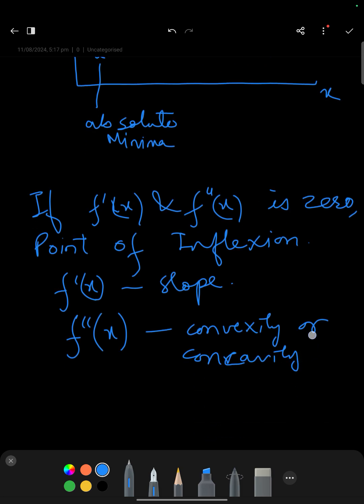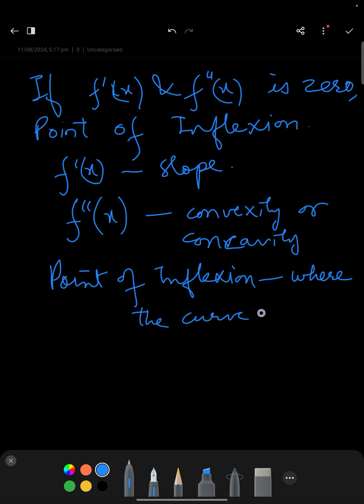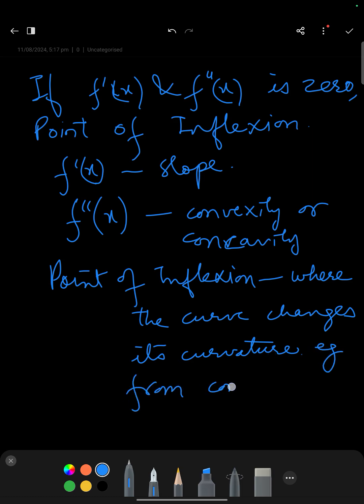Through the point of inflection we come to know where the curve changes its curvature, for example from concave to convex or from convex to concave.